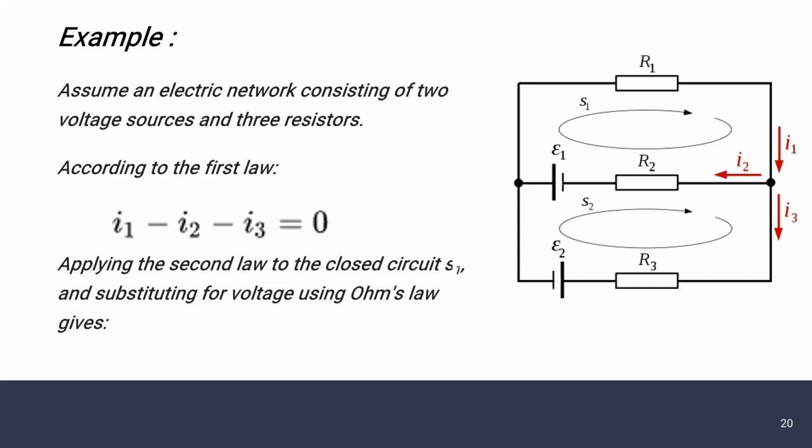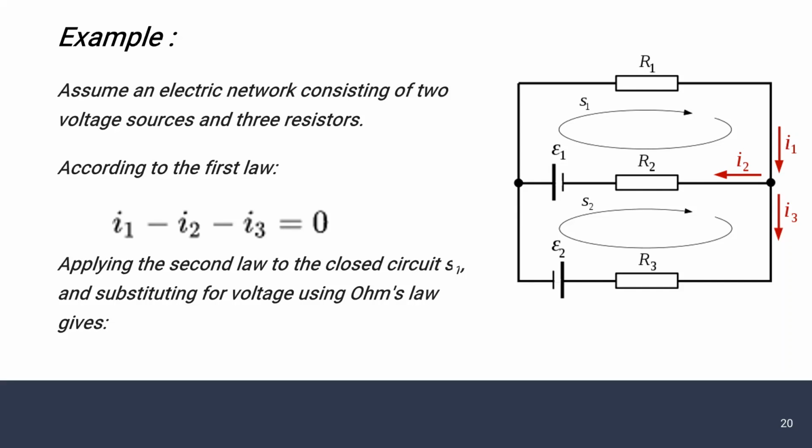From the figure we observe that there are 2 node junctions. According to the first law, Kirchhoff's current law, KCL, I1 minus I2 minus I3 is equal to 0.